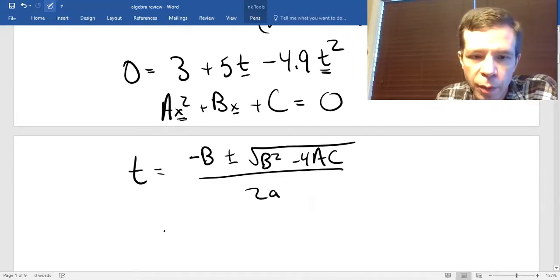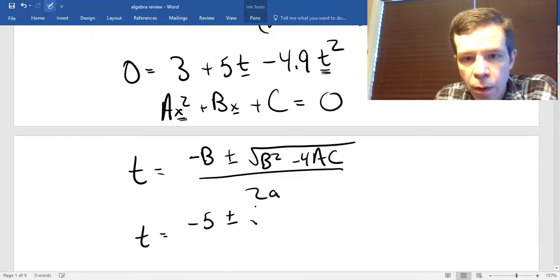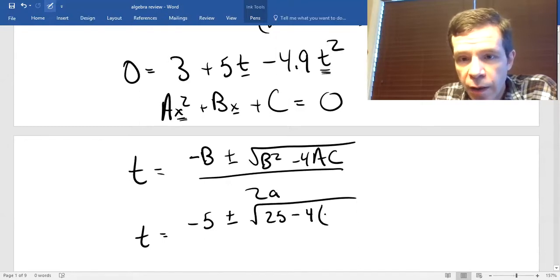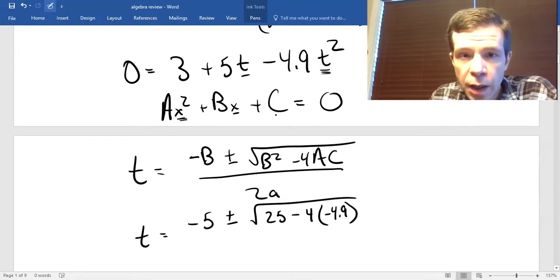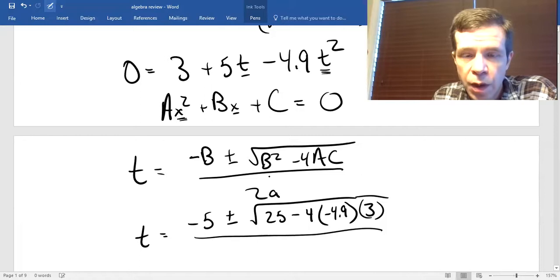And now we're going to plug in our numbers. So t is equal to, b in this case is 5. 5 squared is 25. 4, a is minus 4.9, and c is 3. 2a is minus 9.8.